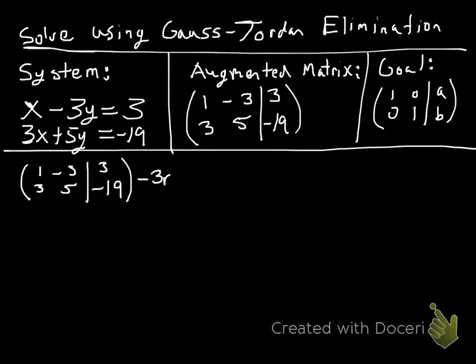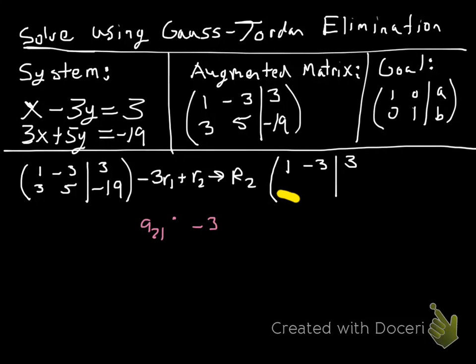So I'm going to multiply row 1 by -3, and then add it to row 2, and that's going to be my new row 2. What I'm going to do is write out each part of the arithmetic in doing this row operation.